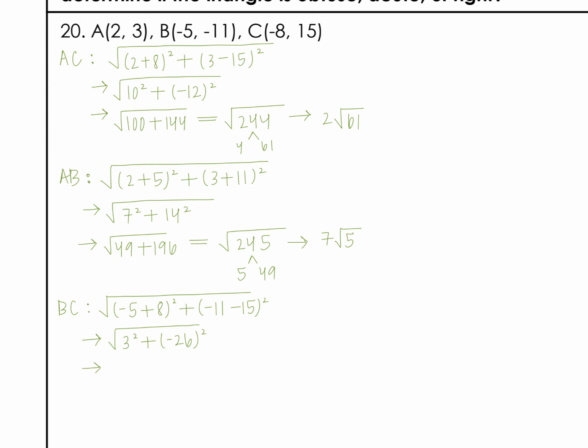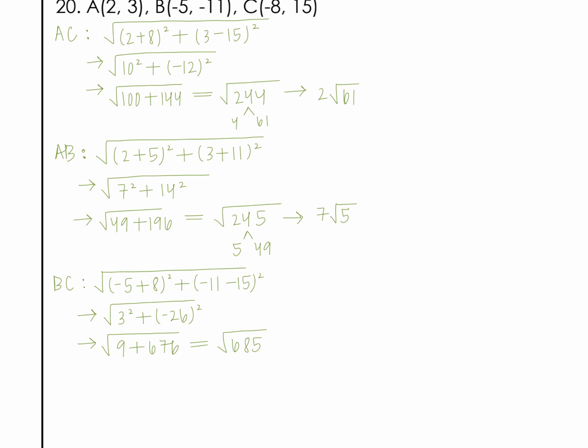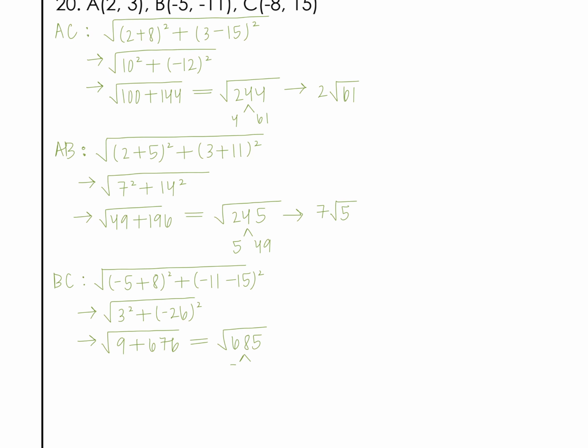When I square both of those, I get 9 plus 676, and when you add those two together, you get 685. Some factors of that are 5 and 137, which doesn't really help me out because that's prime, so I'm just left with the square root of 685.